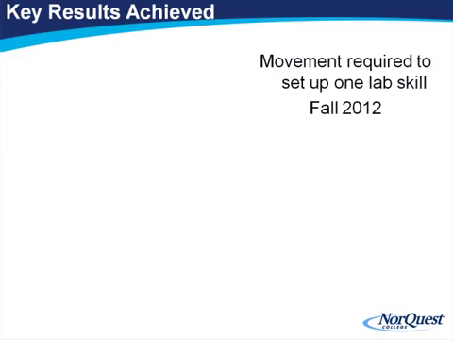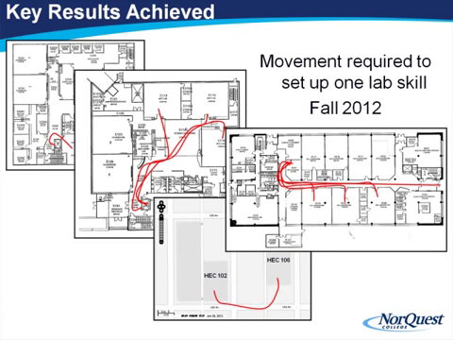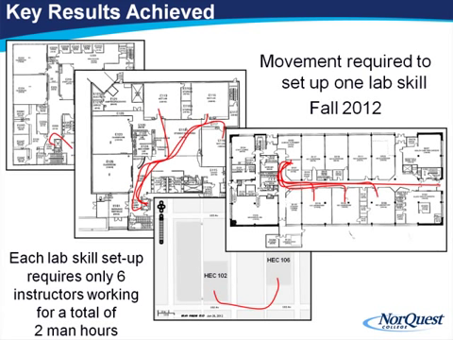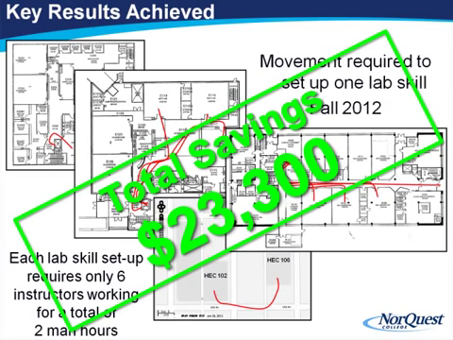Because of this, we have also been able to significantly reduce our waste of motion. As of fall 2012, this is currently what our lab setup looks like, with each lab skill setup requiring only 6 instructors working a total of 2 man-hours, for a yearly savings of over $23,000.